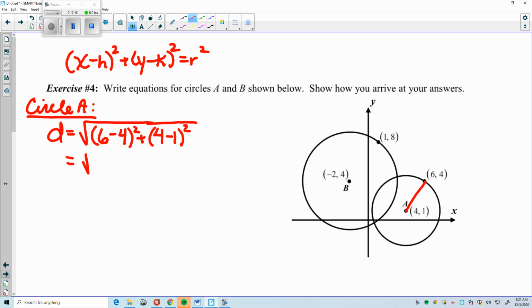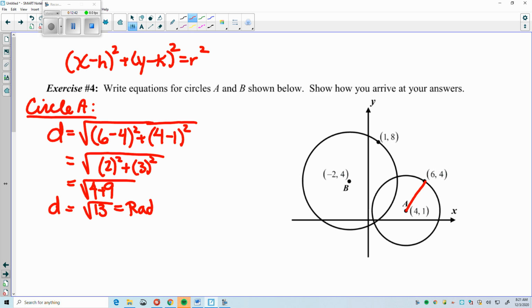Okay, and if we simplify, 6 minus 4, we get 2. 4 minus 1, we get 3. So 2 squared is 4. 3 squared is 9. And if I add 4 plus 9, I get 13. So I have now my radius. That's going to be the square root of 13.